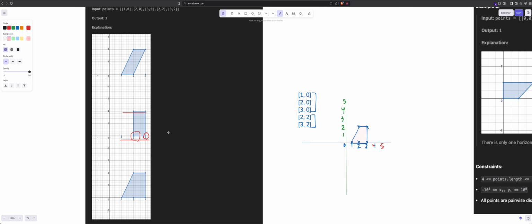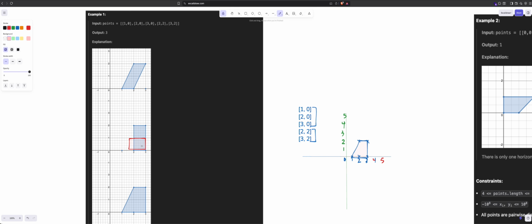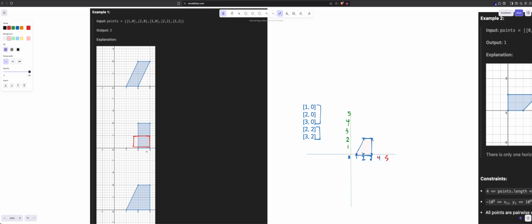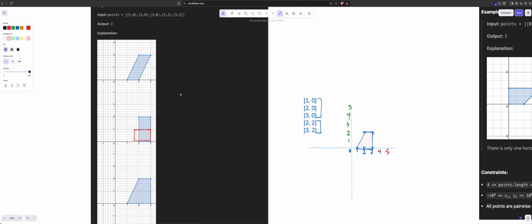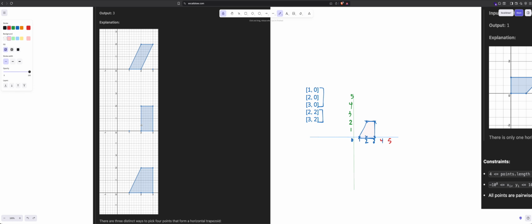But we may have a question: why don't we choose things like this? That can be a trapezoid. Yeah, that is also possible, but we need to have unique ones, based on their requirement. We should be choosing distinct points from the points, so we cannot choose the same points again.